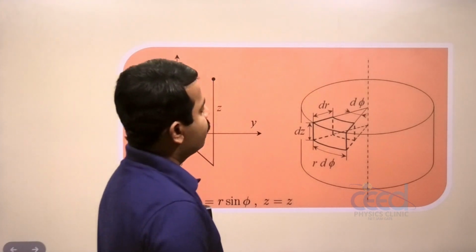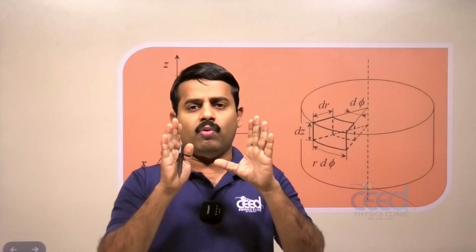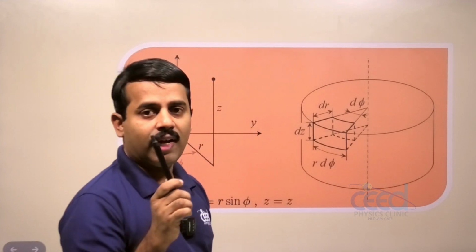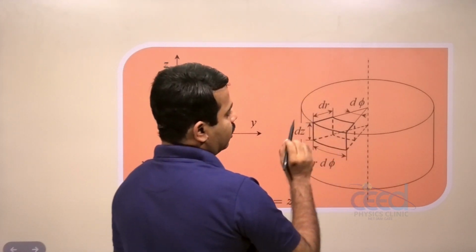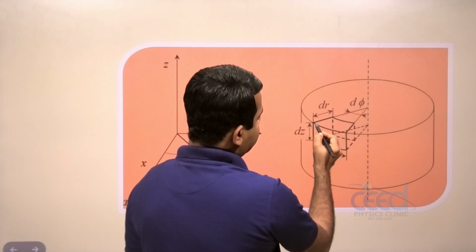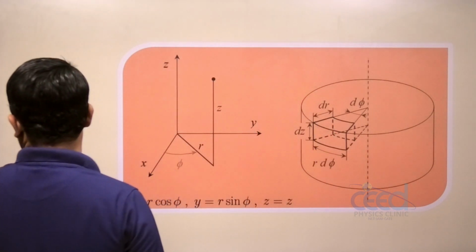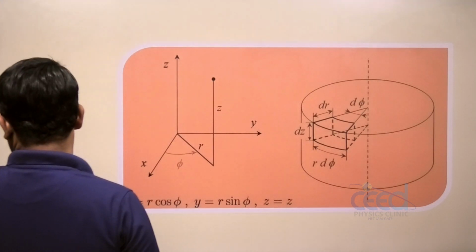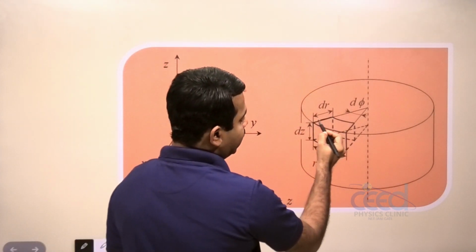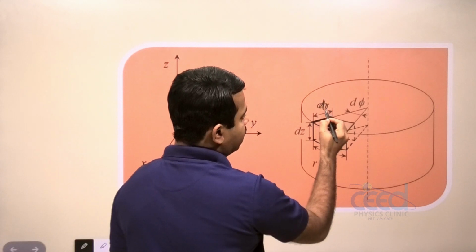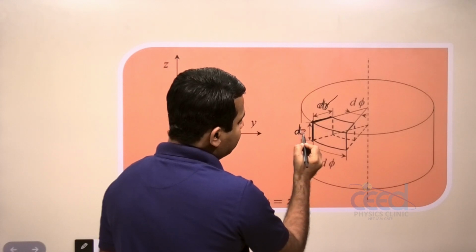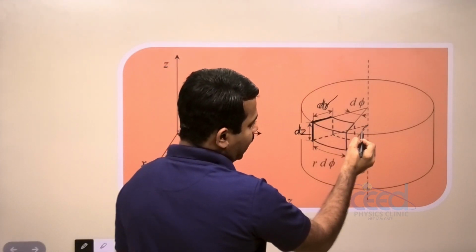Now let us see what the area element and volume element are in cylindrical polar coordinates. For this I considered a cylinder with the usual notation, by increasing a small dr length. I considered a small change dr in this direction, and a small height change dz, and this angle is phi.